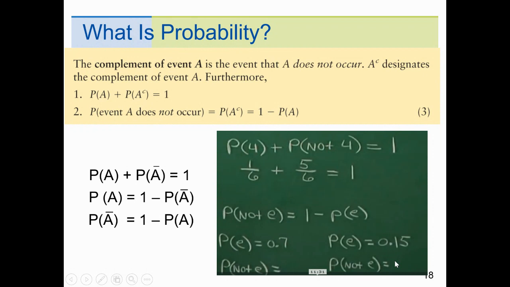The sums of the probabilities have to equal 1. This is just a little bit of algebra. If I'm solving for the probability of A, I subtract the probability of the complement on both sides. You can also use this if I want to know the probability of something not occurring: it's 1 minus the probability that it does occur. Very powerful.